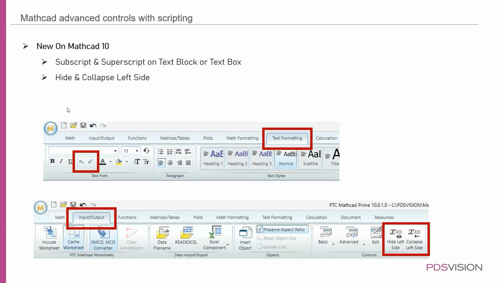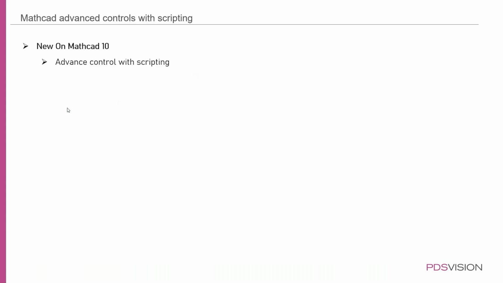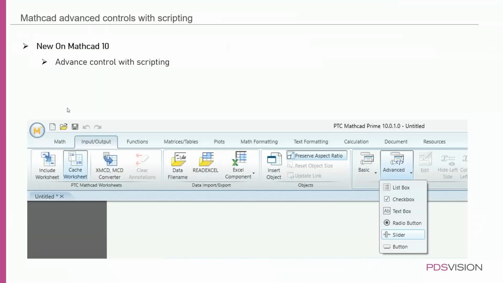In Mathcad 9, the hidden left side was called Show Left Side. Now they renamed it as Hide Left Side, and also they added a Collapse left side. We will come back a little bit later and show these functionalities and how this may help you. And also we will discuss advanced control with scripting, which is again under Input and Output and under Advanced.